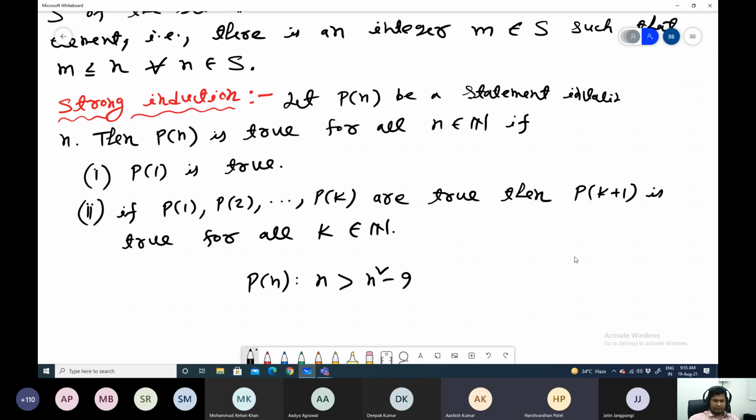So sir, from strong induction I should say that I can say that P of 4 must be true. Why? Because P of 1, 2 and 3 all are true.